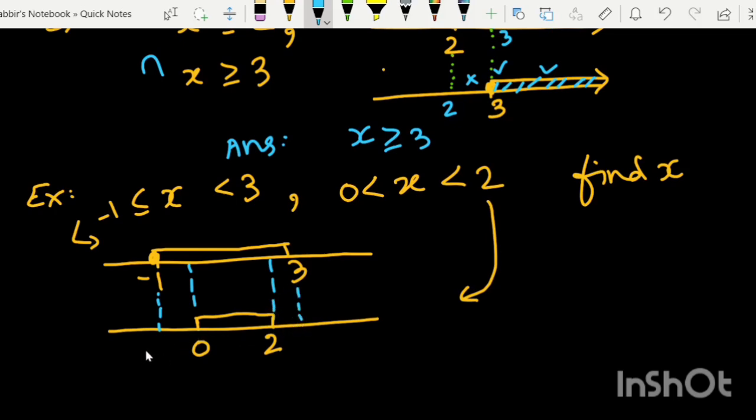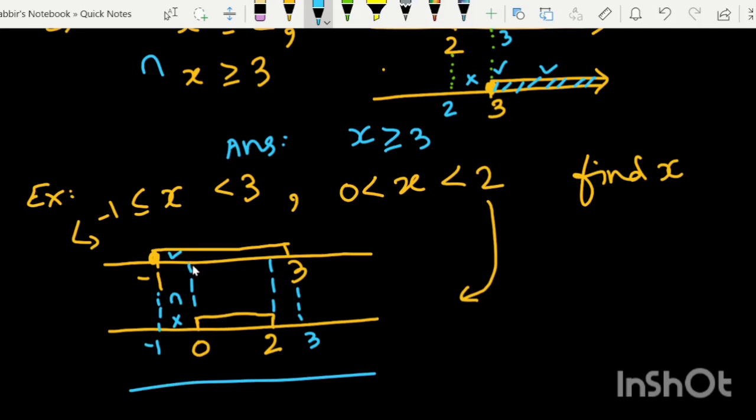Now as you can see, here also I will write minus 1. Here I will write 0. Now as you can see here, from minus 1 to 0 there is no x, but here there is x. So in their intersection, the common solution, there won't be any x here. Minus 1 to 0, there won't be any common solution.